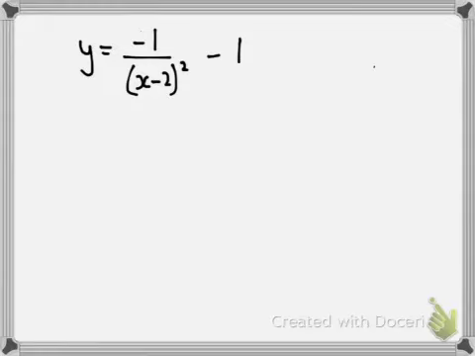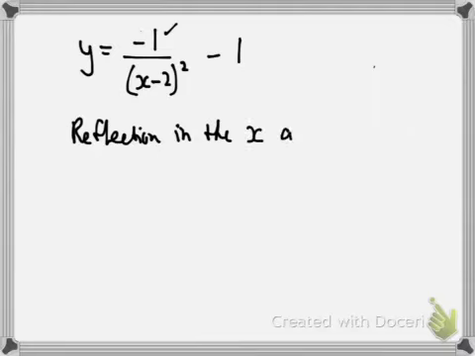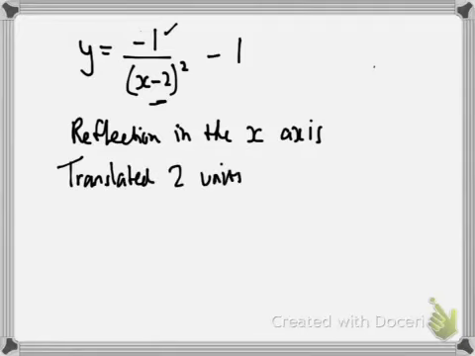What would we have here? Well, we've got -1 over (x minus 2) squared. We've got a 1 up the top there, so there's no dilation, so we go straight to reflections, and that -1 there would mean there'd be a reflection in the x-axis. The -2 there means it's translated 2 units to the right.